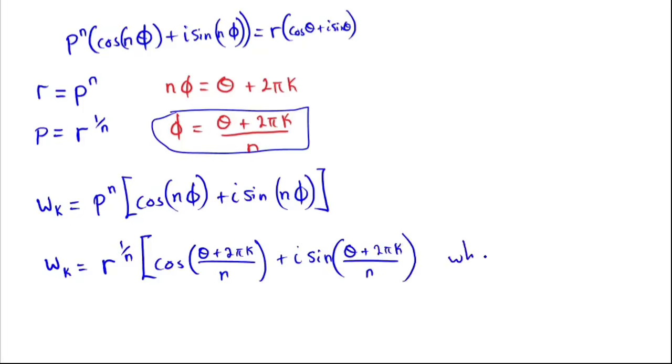Now in this case you can say where k is simply 0, 1, 2, 3, going all the way up to n minus 1.